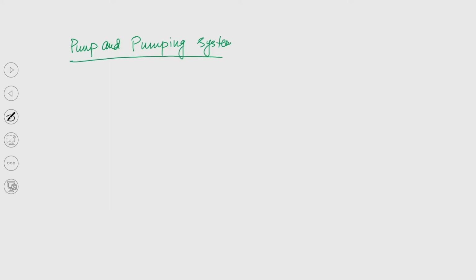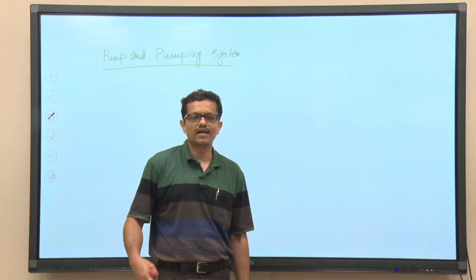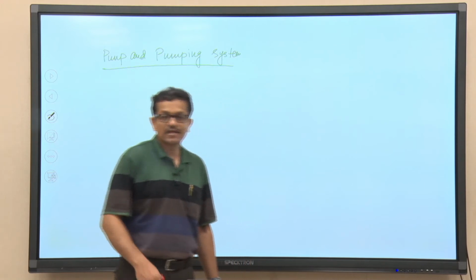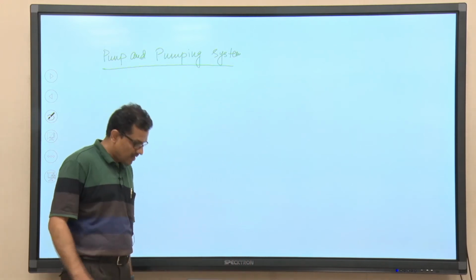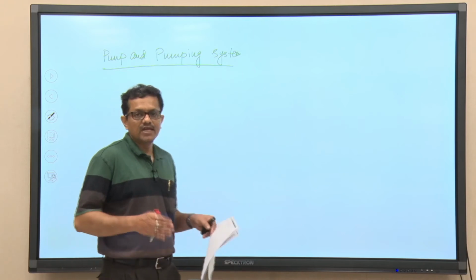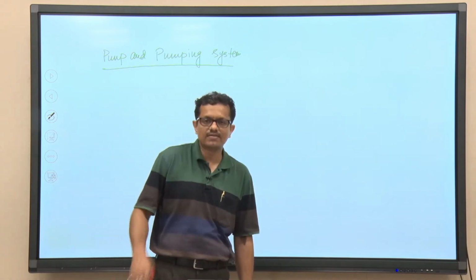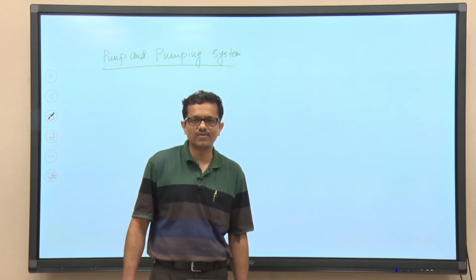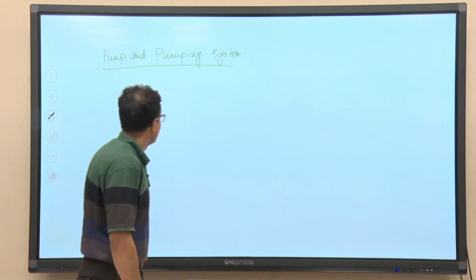So, you know that whenever we try to install a particular pump, say if it is a radial flow pump, first and foremost objective is to identify the type of pump, and that should be selected based on the requirement. Definitely we need to calculate the amount of head that will be developed by the pump, and the discharge that will be delivered by the pump will depend on the system.